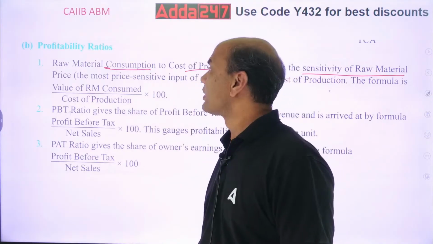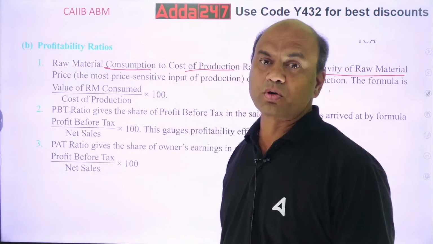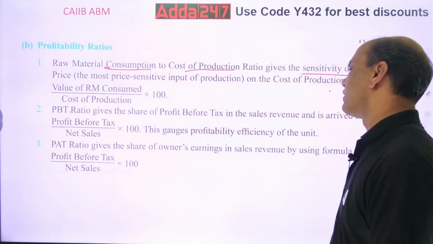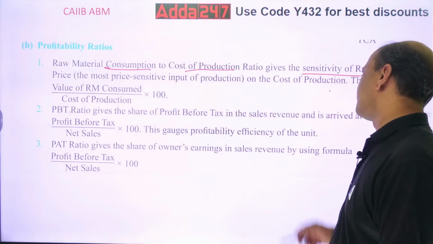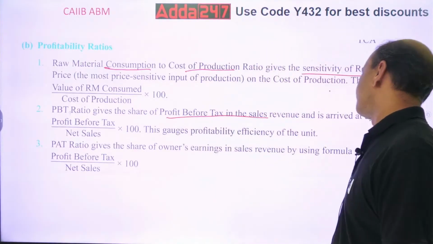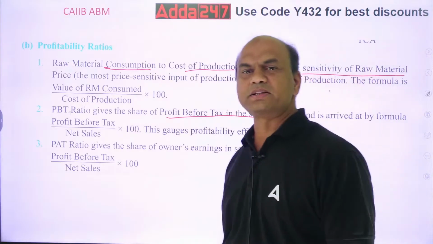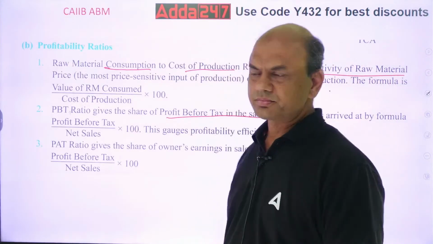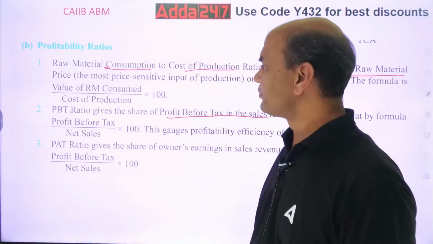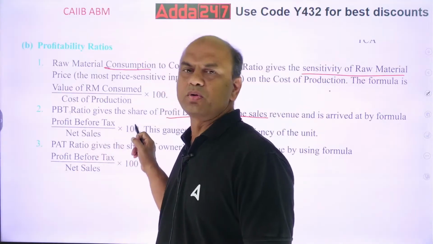Second one, PBT ratio, means profit before tax. PBT ratio gives the share of profit before tax in sales revenue, and is arrived at by the formula profit before tax upon net sales into 100.